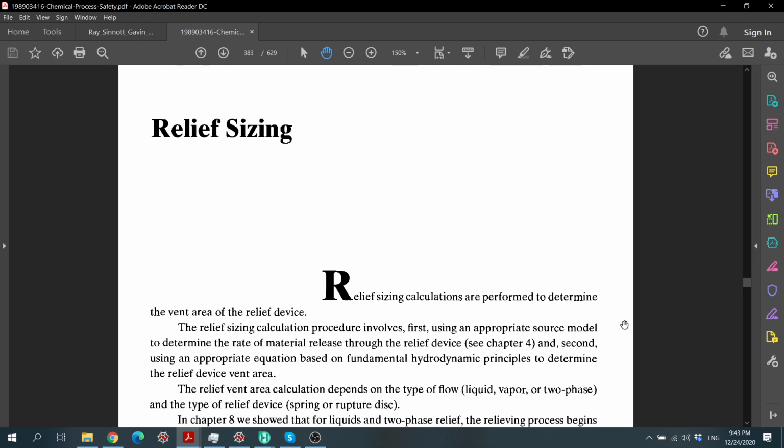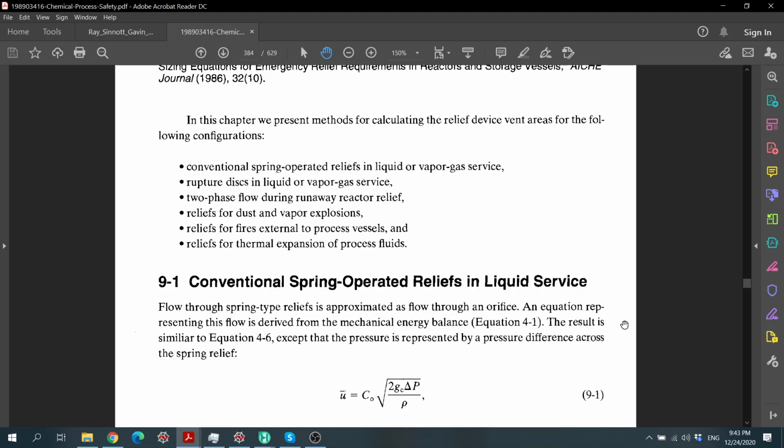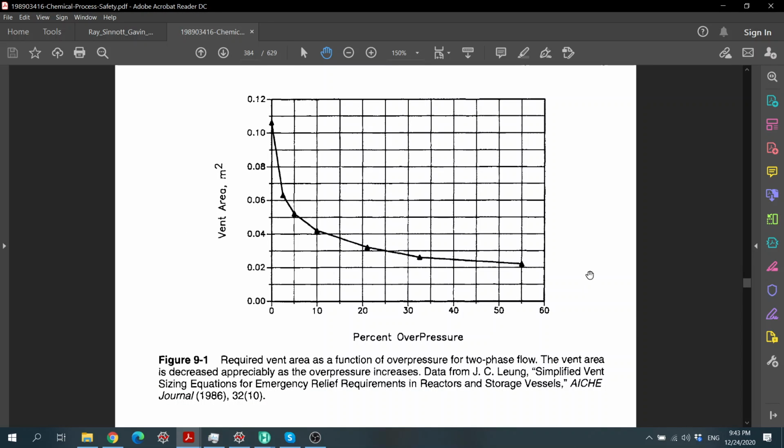This is in the book, and the calculation itself is very straightforward. If you see this, there's a percent overpressure. I think you can imagine. Zero is your maximum operating pressure.